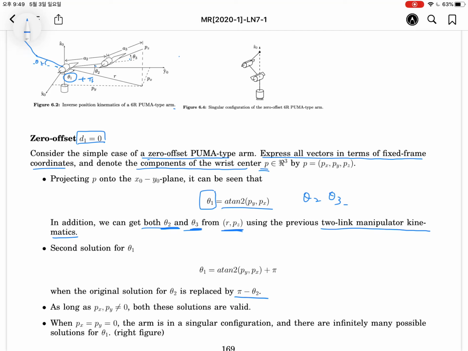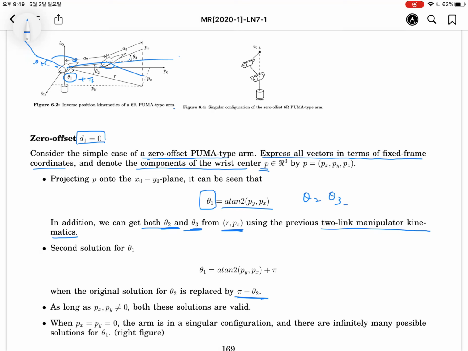Okay, and then this angle is theta 2. So by adding pi again, if you apply the pi angle to here, then we have this kind of manipulator.